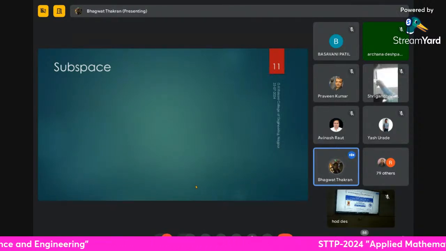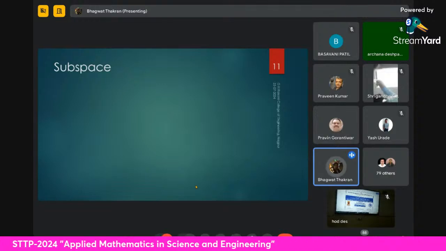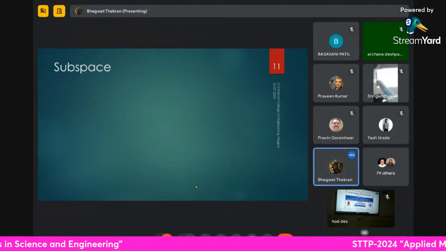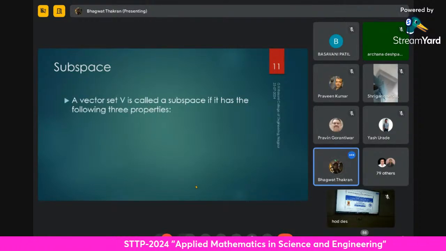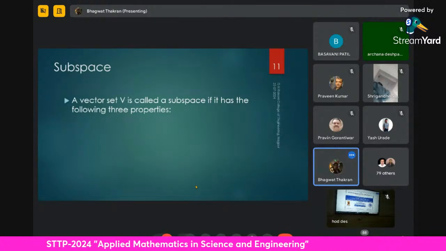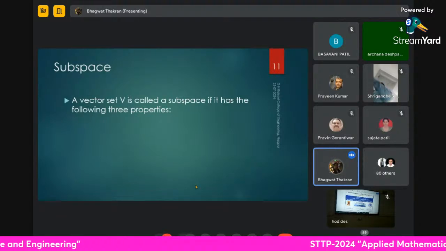A subspace is a part. When we say subspace, it is a subset. So for space and subspace, we are talking only about sets. A subspace is a vector set which is a subset of the whole vector space.